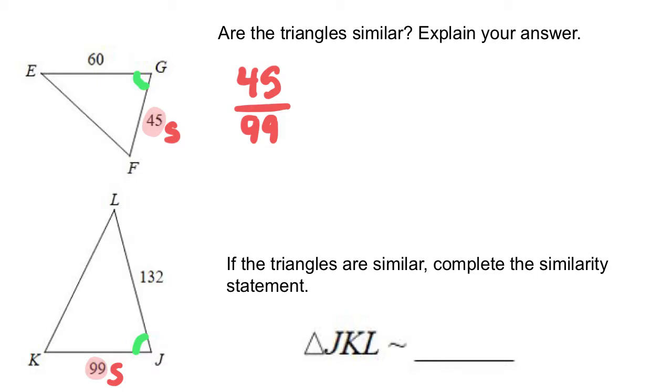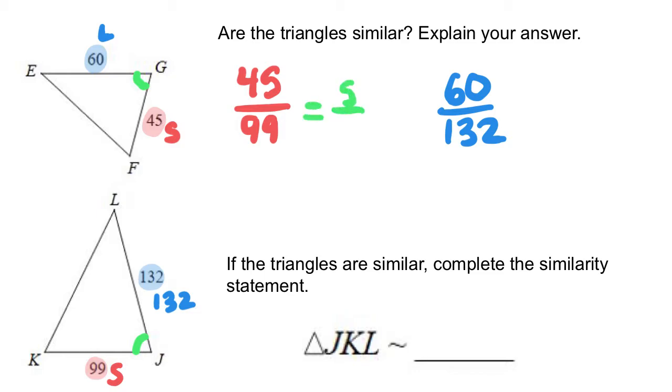The next one, the larger of the given sides in the top triangle is 60, and the larger of the given sides in the bottom triangle is 132. So my second proportion is 60 over 132. Now if I simplify my fractions, the 45 over 99 becomes 5 over 11, and the 60 divided by 132 becomes 5 over 11.